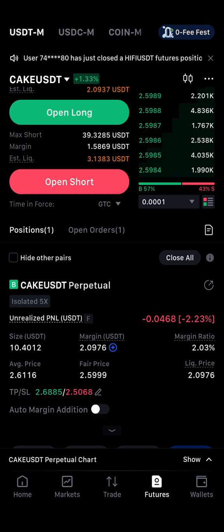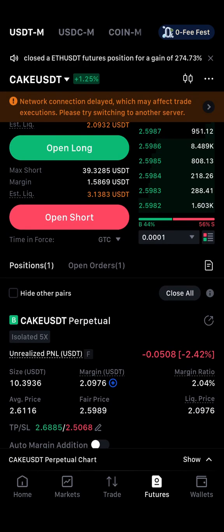Are you getting it now? On a 5x leverage that gave me 10 point something dollars. So this 2 point something dollars is my real money. The remaining money that you are seeing here as the size is the money that was leveraged for me to do the trade. And this is the average price of where I bought it.